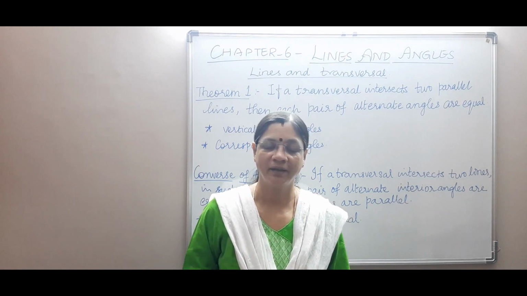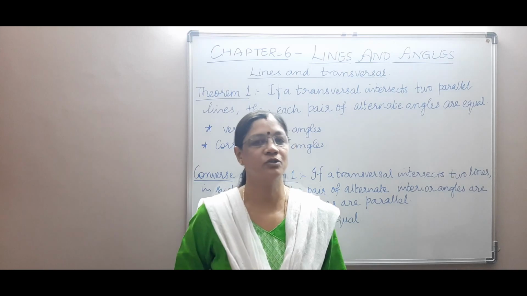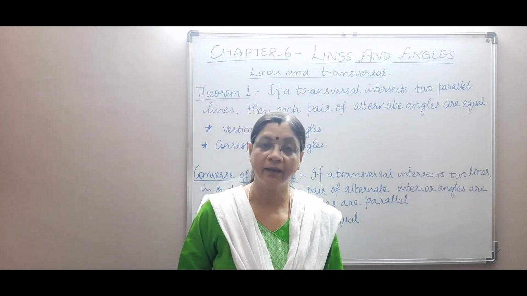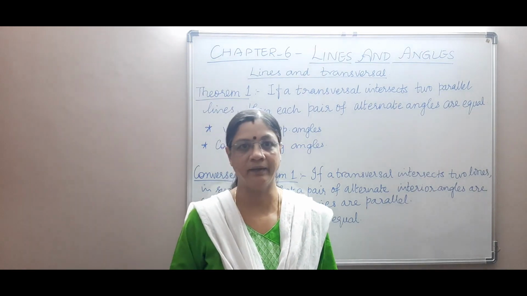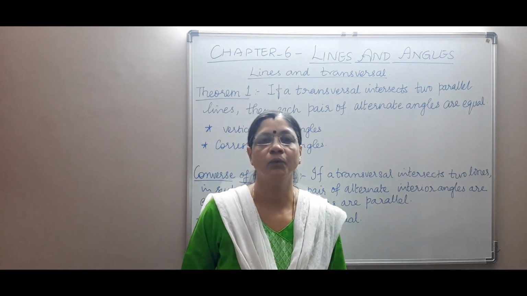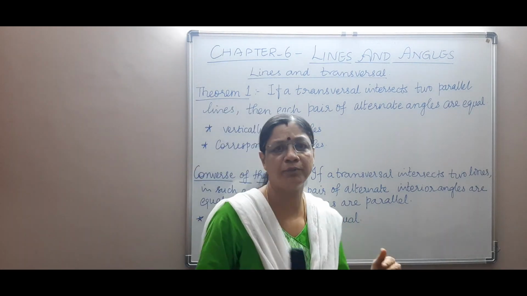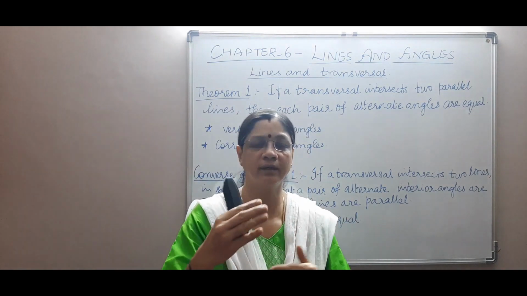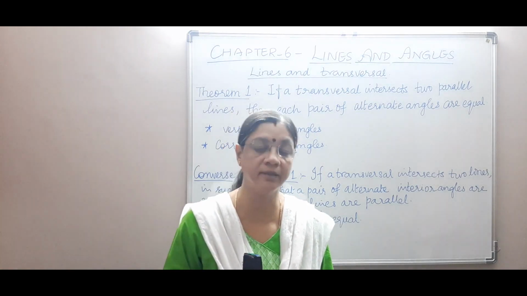Angles. Last class we saw about transversals which fall on two parallel lines and the angles formed by the transversals on those parallel lines, isn't it? Now we'll see the relationship between the angles, the interior angles, the exterior angles and the corresponding angles we have seen, isn't it?